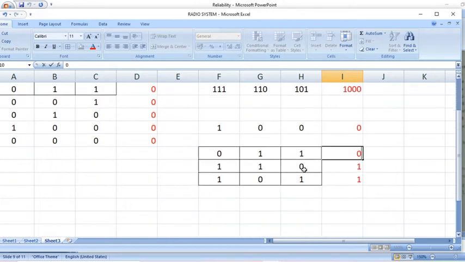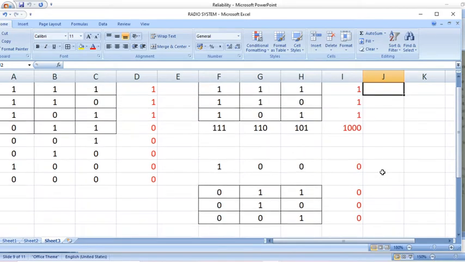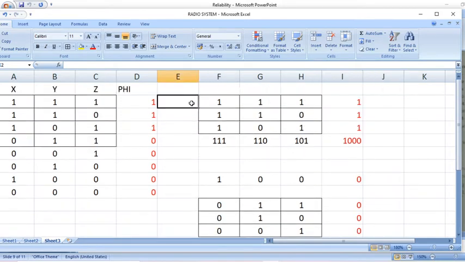And if this goes to 0, the system will go to 0. If it goes to 0, then also the system is in failed state. So these 3 vectors are critical vectors.